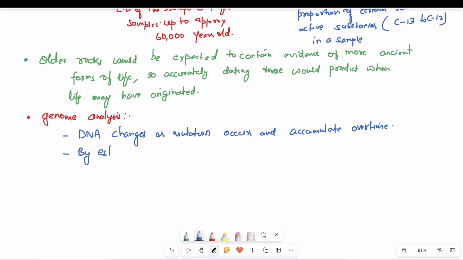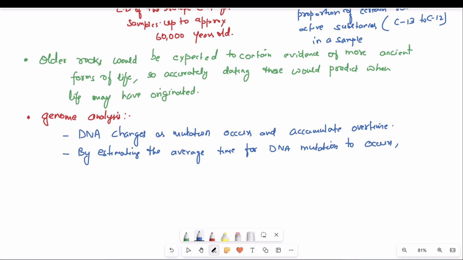So by estimating the average time for DNA mutation to occur, the relative date when species branched from a common ancestor can be determined based on the number of mutations that have occurred, right?